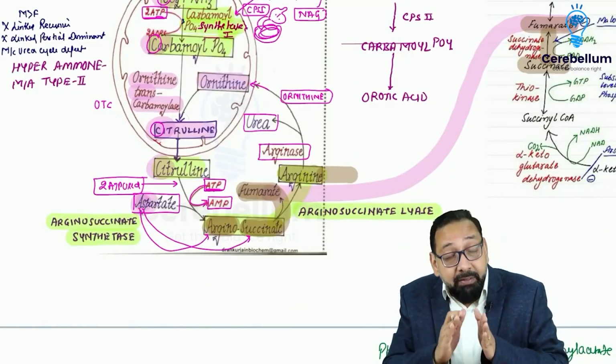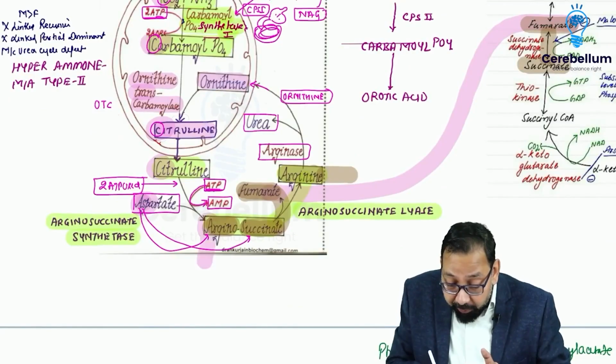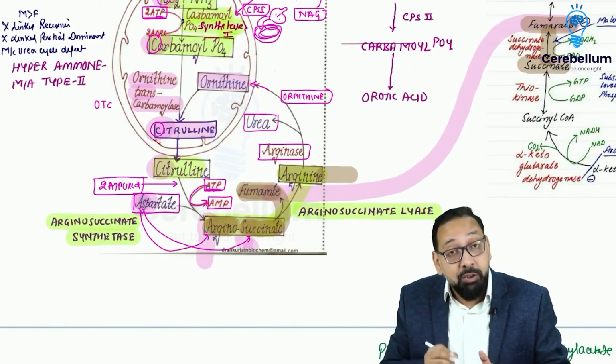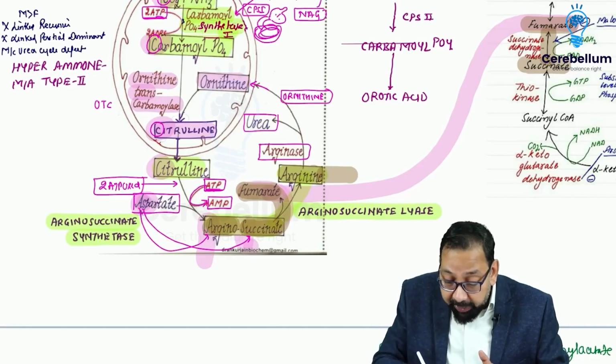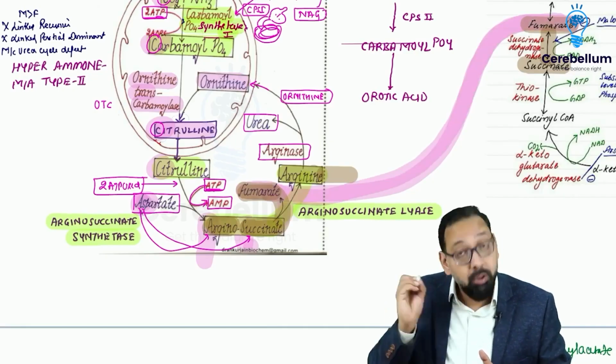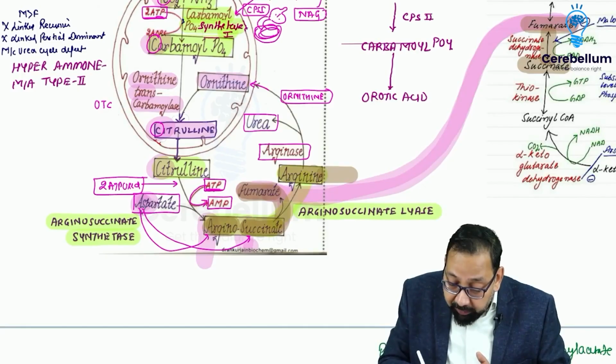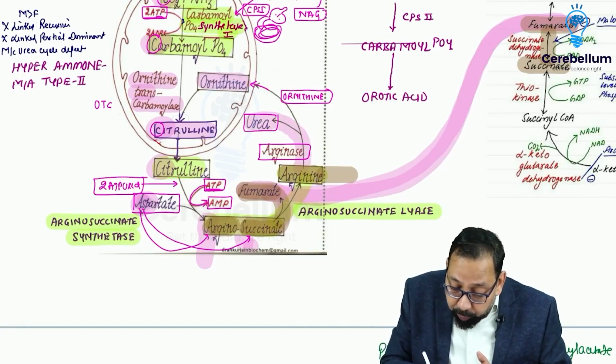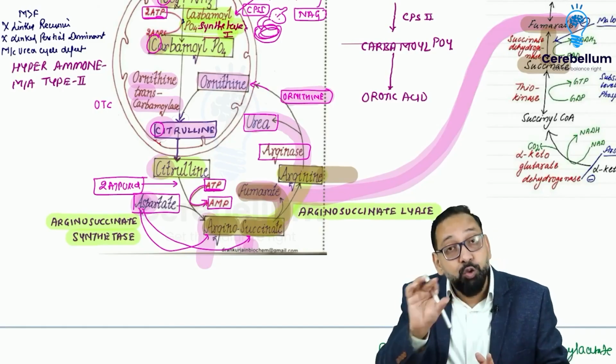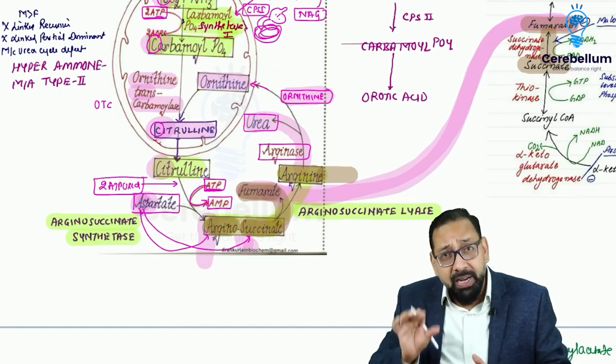As it binds with AS, it will produce AS, argininosuccinate. Succinate is released as fumarate, which connects to the Krebs cycle, and arginine is further converted to urea and ornithine. This is the urea cycle, occurring both in mitochondria and cytosol.